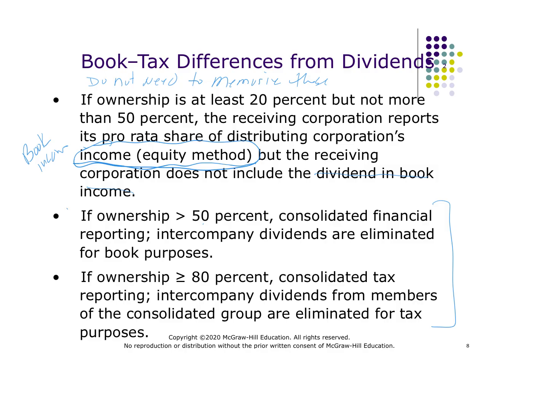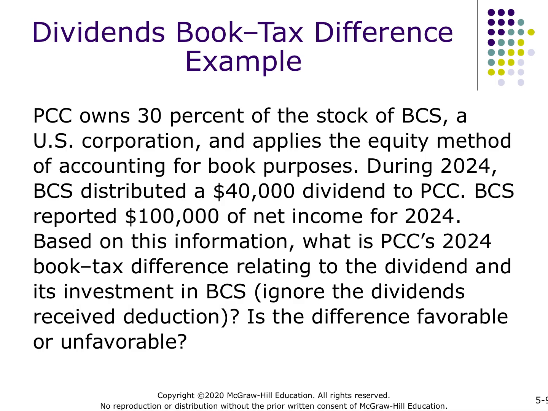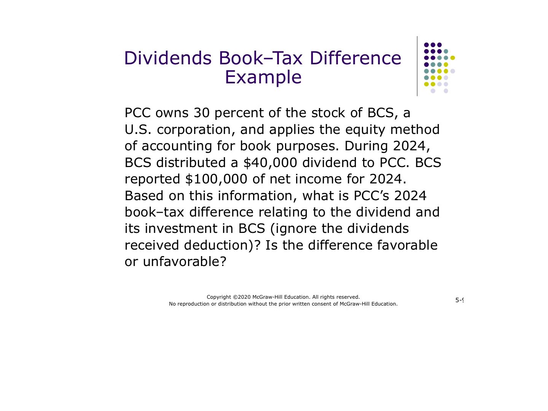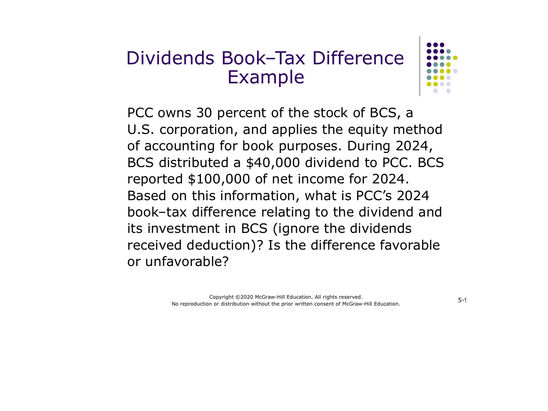These two situations have very complex book to tax differences and are beyond our scope, so we will not worry about them. It's important to understand what's going on, but you will not have to calculate the book tax difference for those.